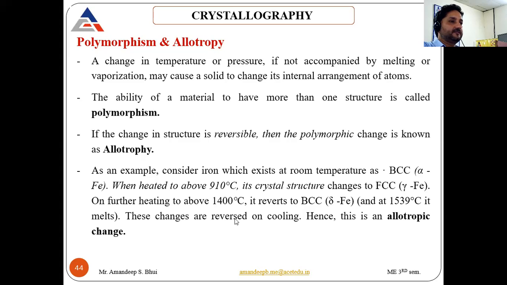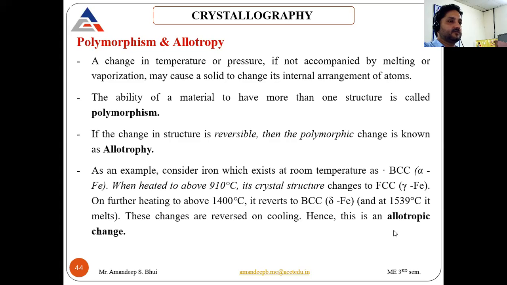On further heating to 1400 degrees centigrade, the structure again changes to BCC delta iron, and at 1539 degrees centigrade, the iron melts. These changes are reversible on cooling.